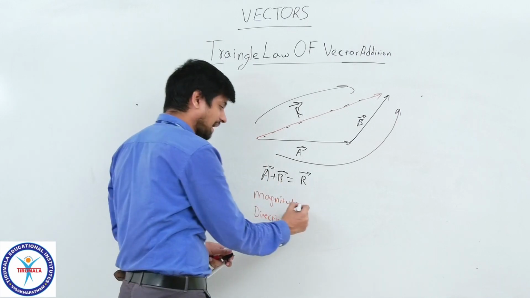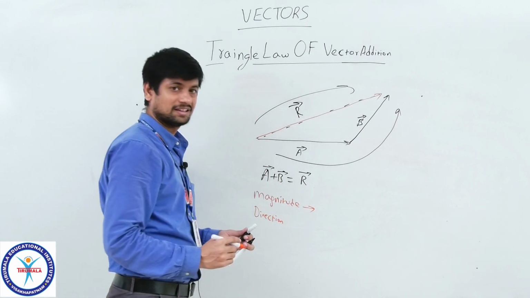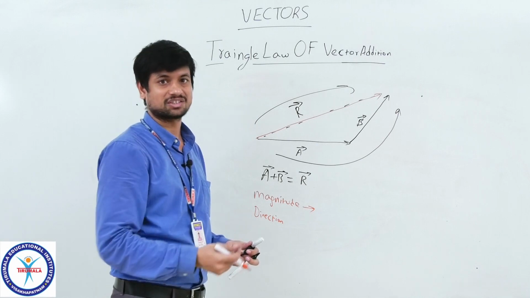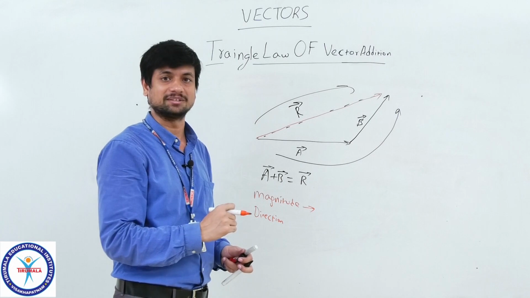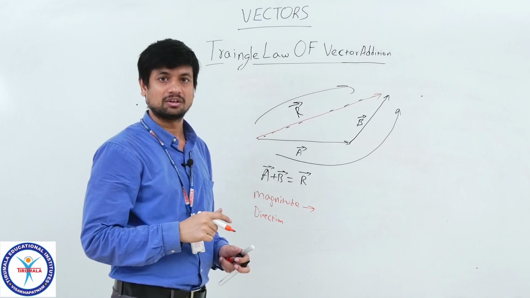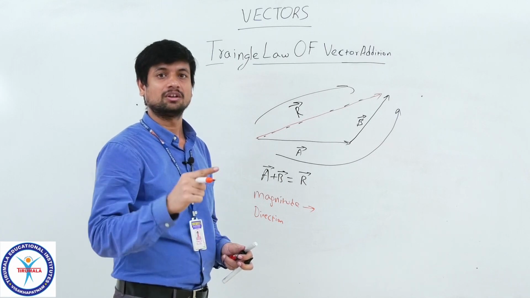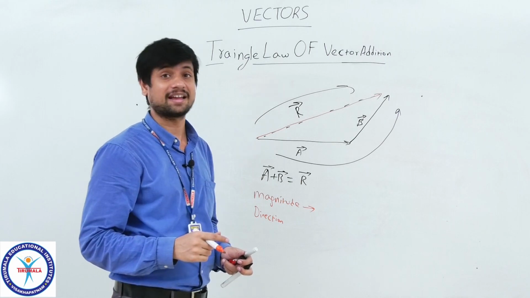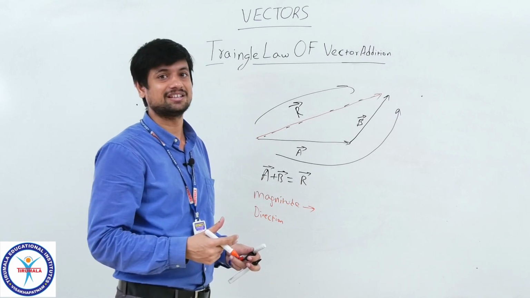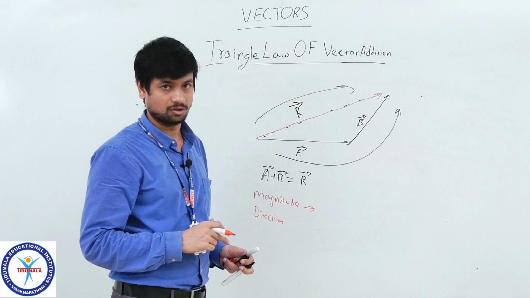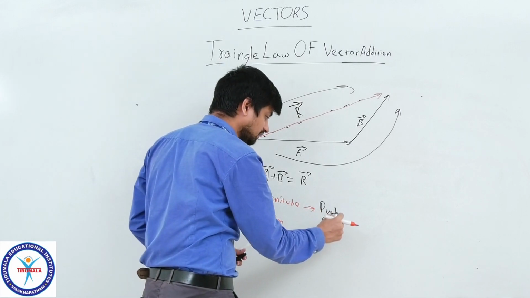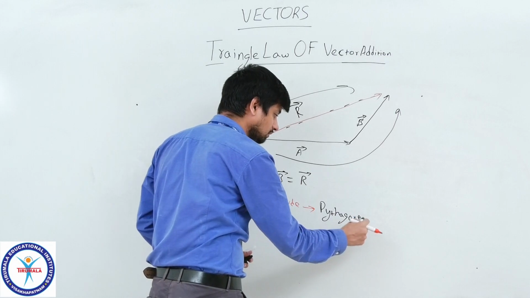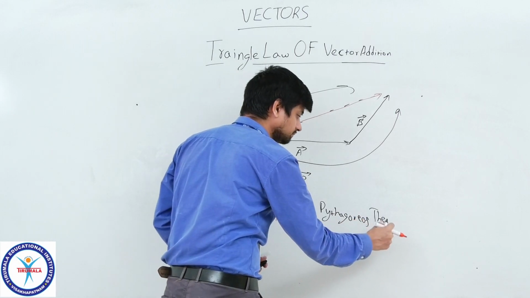Okay, children. So, the magnitude can be known, as I said in the previous session. If you want to know the magnitude in vector mathematics, reduce the shape into a Pythagorean right angle triangle, so that I can easily calculate its magnitude. So, what should I use here? The Pythagoras theorem.